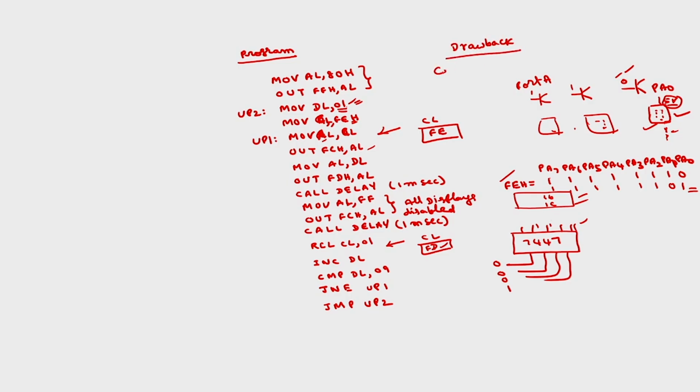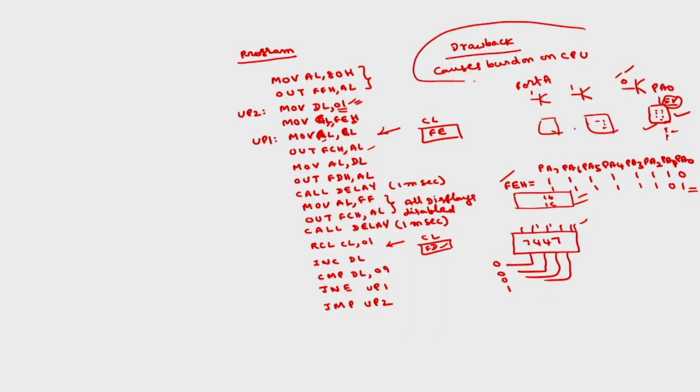If the CPU is performing some important task, then after displaying the first digit, before coming to the second digit, if the CPU is busy with some other important task, then only the first display will be enabled all the time and the remaining will all be disabled. So this is the burden on the CPU.